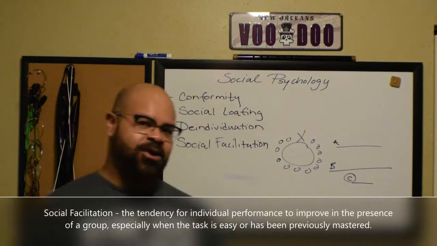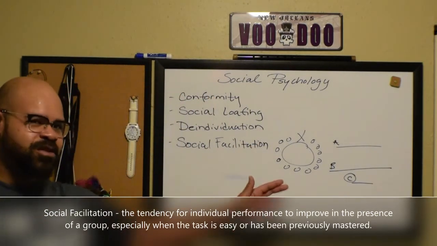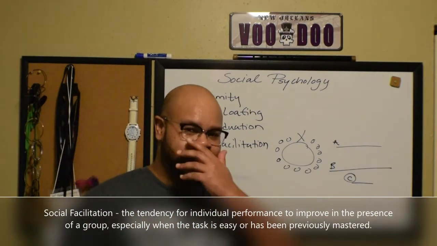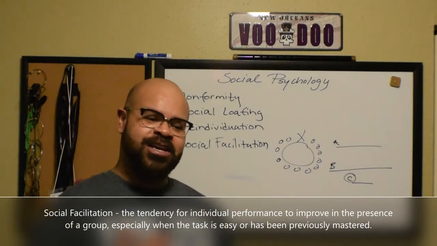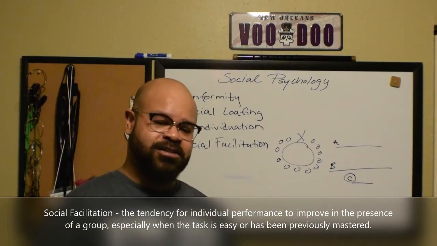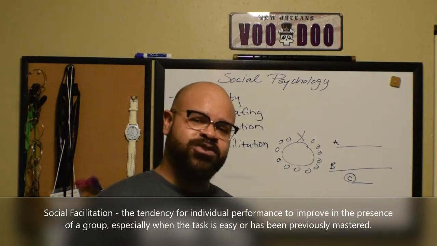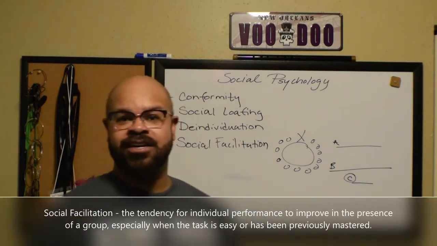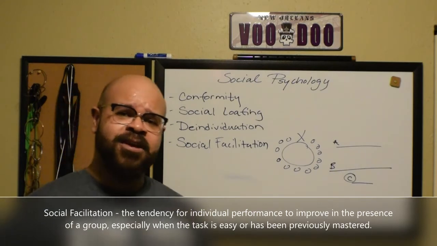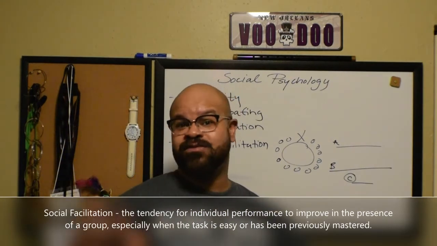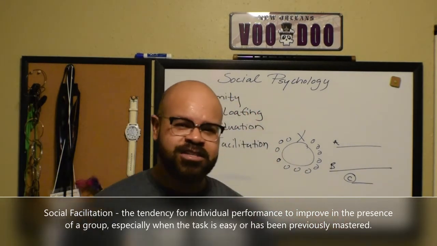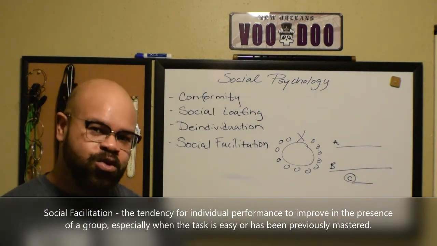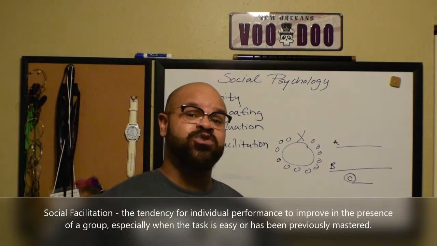So it turns out that it goes in two different directions, and this is something that I try to demonstrate on stage in class. In a socially facilitated situation, if I ask you to do something that you're really good at, or that's just easy, in front of a group of observers, in front of a group of people watching you, the group is likely to increase your performance.